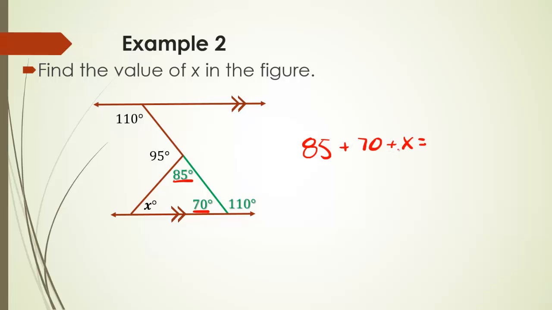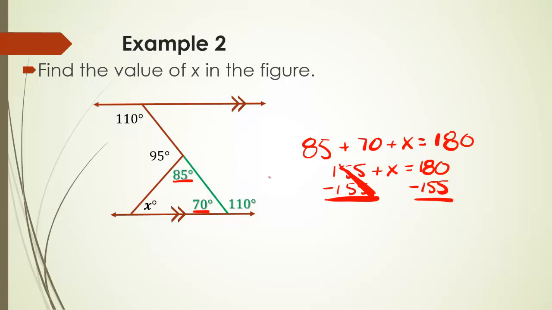How many degrees are in a triangle? 180. So if you add these two up, you get 155 plus x equals 180. Okay, and then subtract 155 from both sides to get x by itself, and you get x equals 25 degrees.